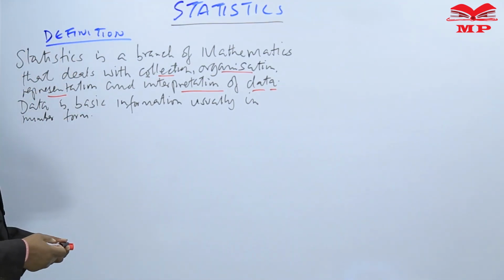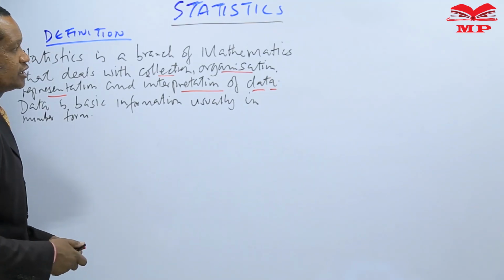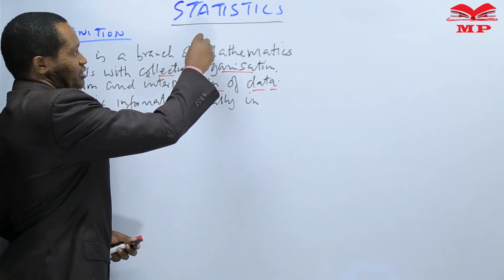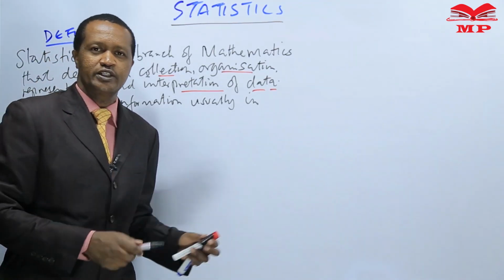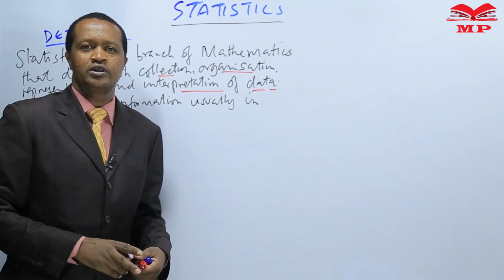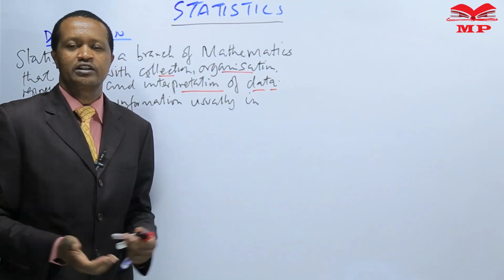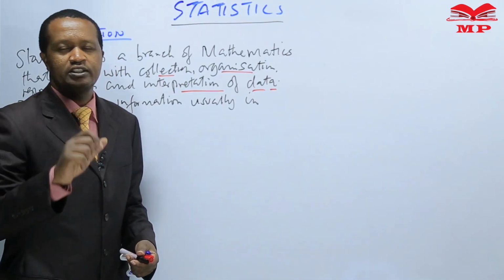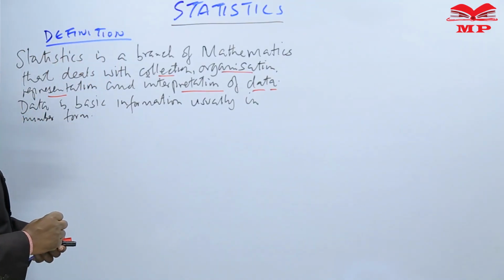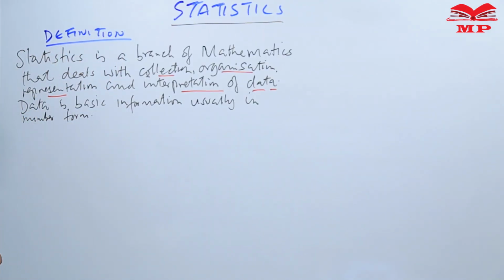For example, one may take data in relation to the shoe size of students in a classroom. You may decide also to take data in relation to the masses in kilograms of students in a classroom. Another example is the height to the nearest centimeter of the students in a class. Data can also be the marks obtained in a recent test.